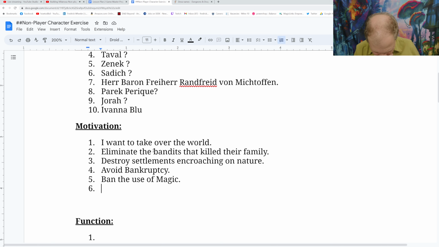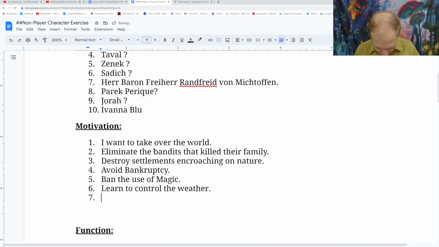Control. Okay, so let's say here, learn to control the weather. Okay, not bad. Motivation. These are all very big, widespread sort of things, which is fine. A certain book that sought the origins of magic.